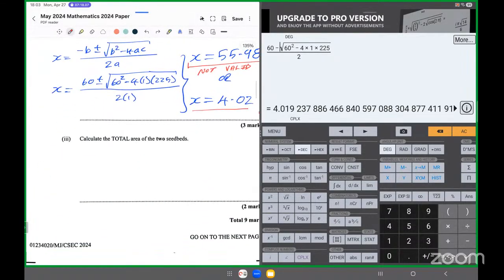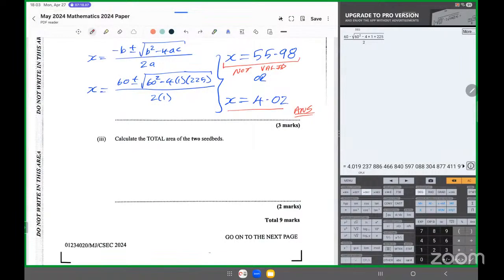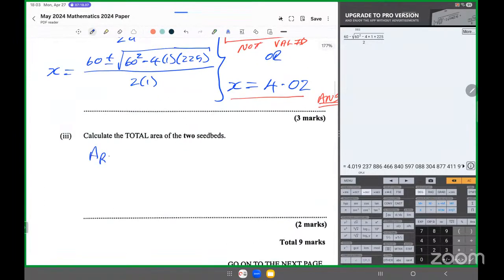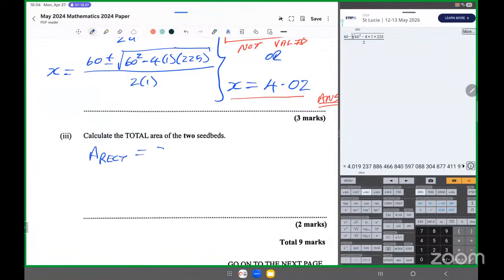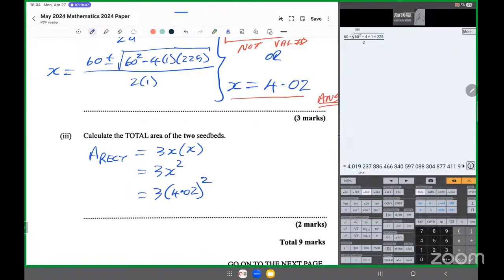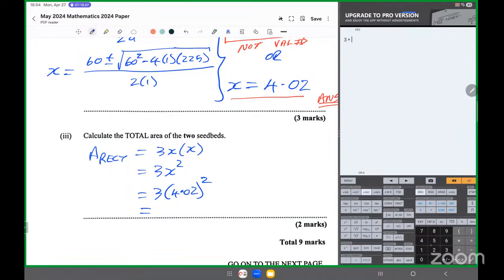So since x is 4.02, the area of the rectangular bed is equal to 3x times x, which is 3x squared, which is 3 times 4.02 squared.